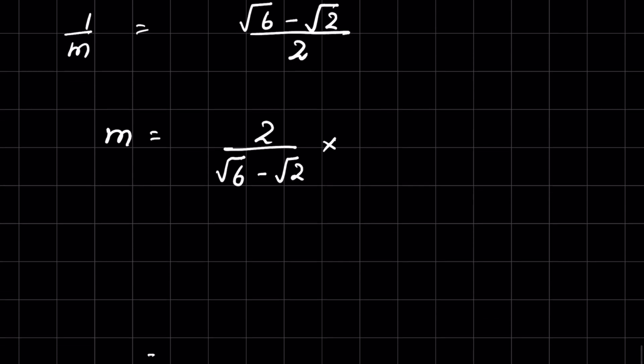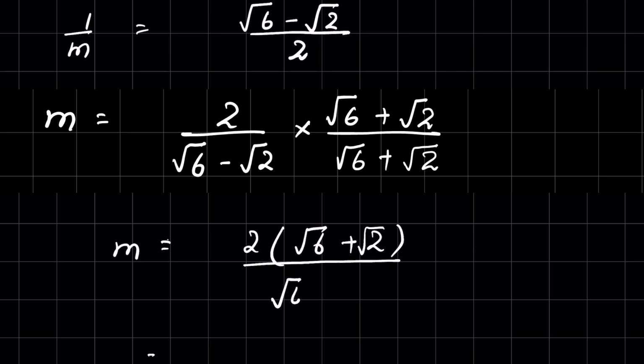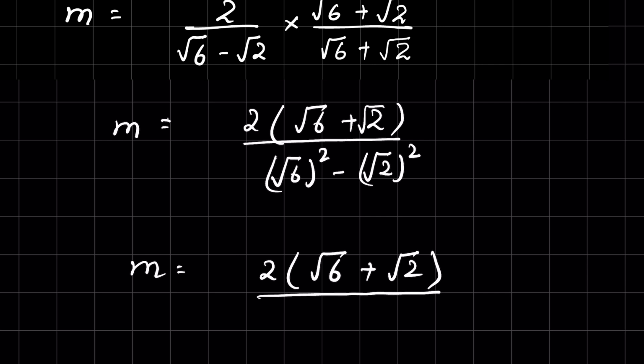To rationalize it, again multiply and divide it by the conjugate, square root of 6 plus square root of 2. So upon square root of 6 plus square root of 2, or m is equal to 2 times square root of 6 plus square root of 2 upon square root of 6 square minus square root of 2 square, or m is equal to 2 parenthesis square root of 6 plus square root of 2 upon, remove the square root with the square, so 6 minus 2.